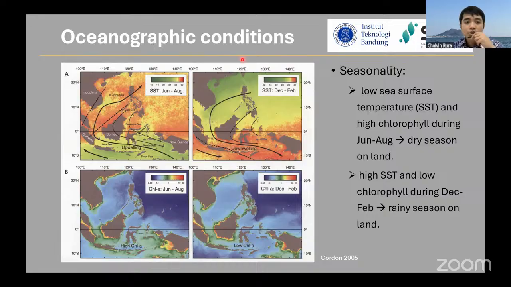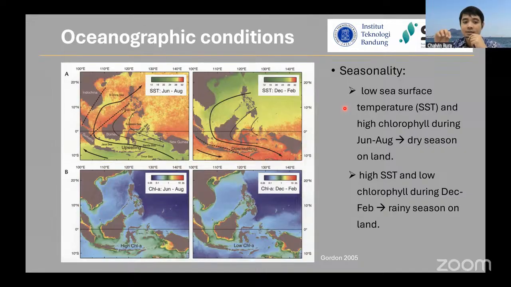During June to August, the sea surface temperature tends to be much colder, particularly around Java. This makes sense because in June and August, Australia is having winter. So the southern hemisphere is experiencing winter. It makes the ocean cooler, and this cool ocean causes an upwelling to the north. So it affects Indonesia.